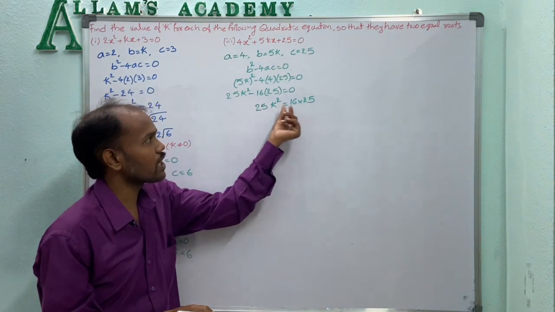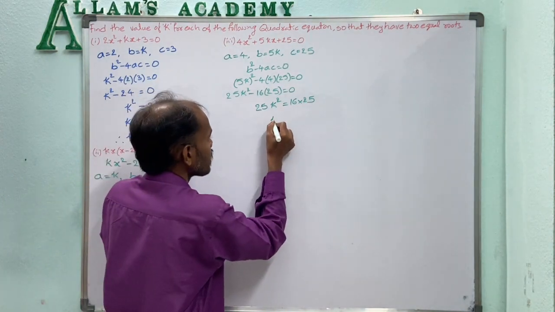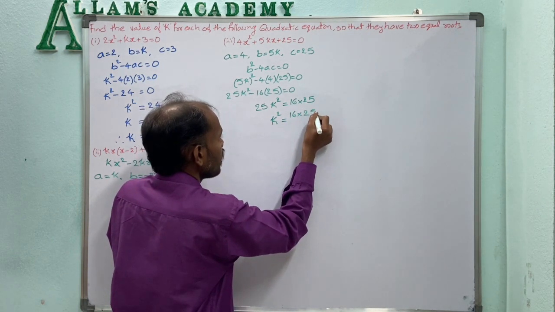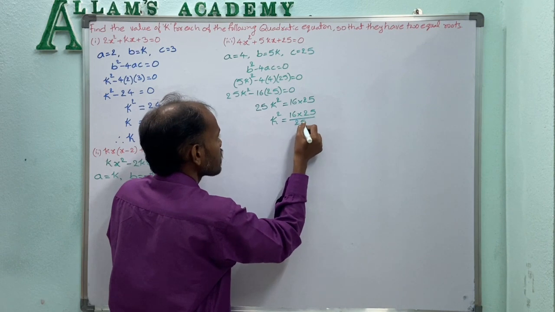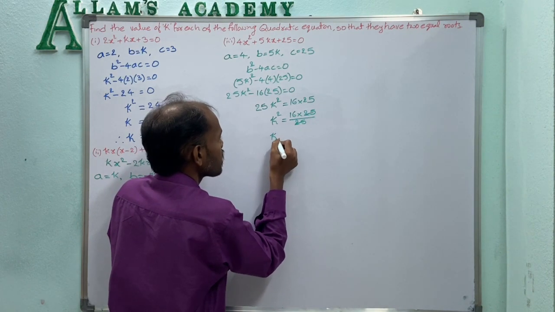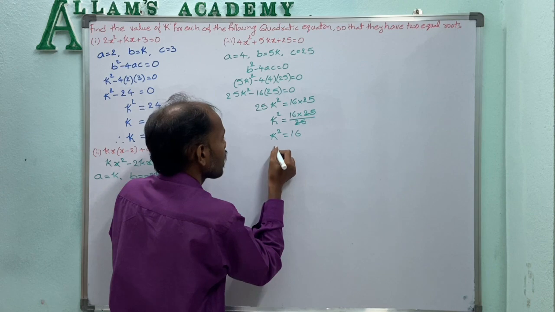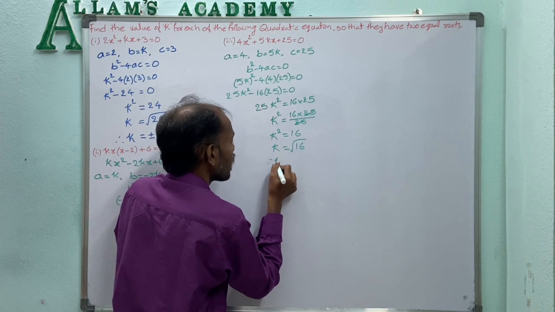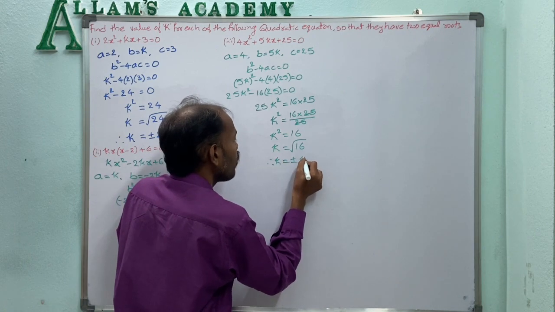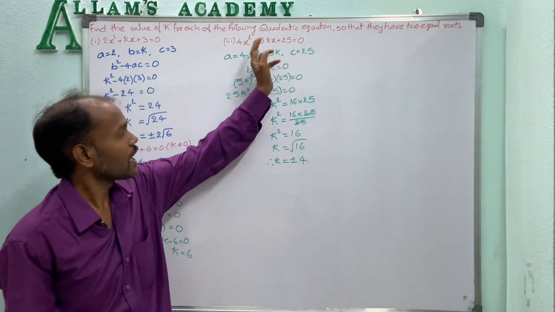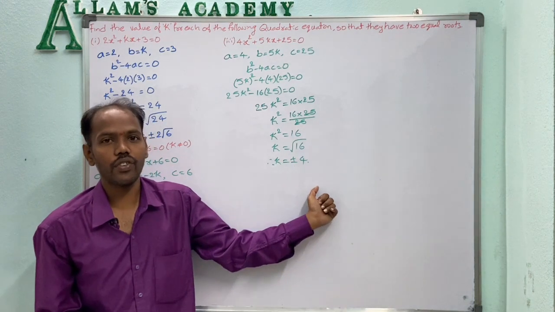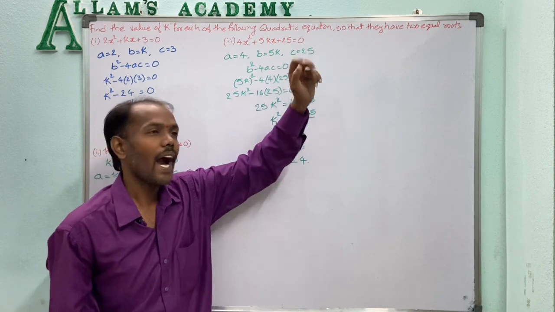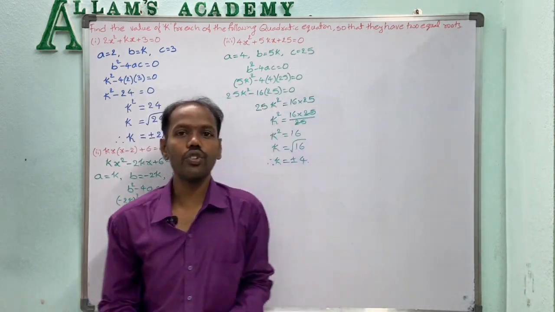Now this multiplication 25 transfers to that side, that is division. So k square equals 16 into 25 by 25. The 25 gets cancelled, that means k square equals 16. K square equals 16 means k equals under root 16, which is plus or minus 4. So if we take the k value as plus 4 or minus 4, then the quadratic equation 4x square plus 5kx plus 25 has two equal roots.